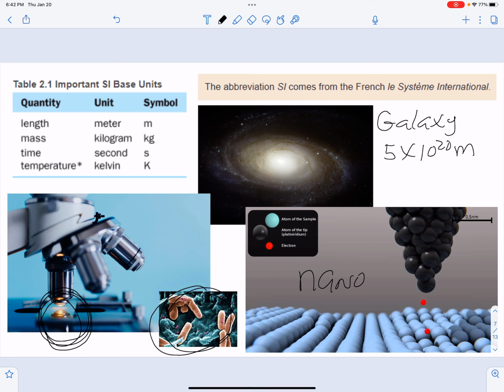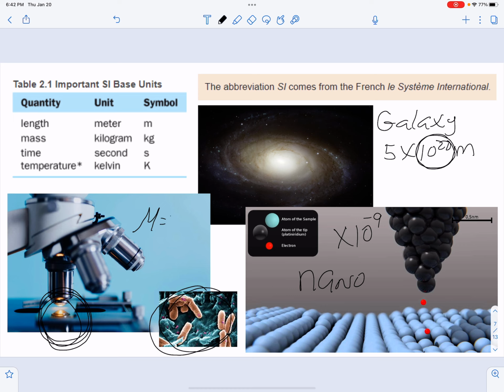So what we're doing is taking this scientific power and converting it to the units or prefixes that I'm talking about. For example, nano is going to be 10 to the minus 9. So the scientific notation that we had to use to measure really, really big things and really, really small things, now we're giving it a name. Nano is 10 to the minus 9.